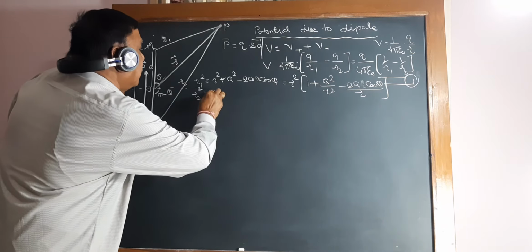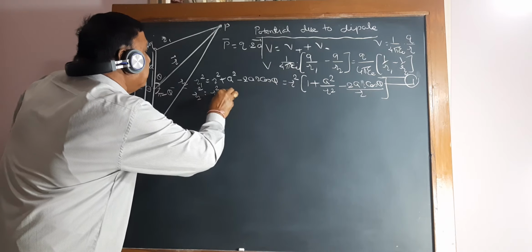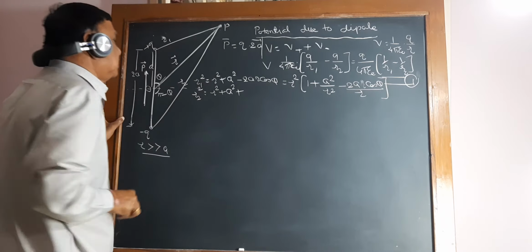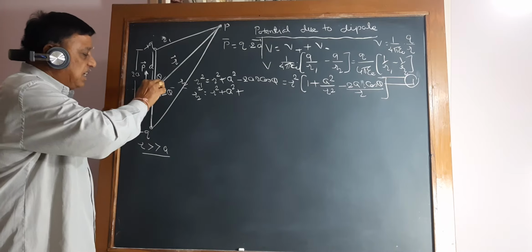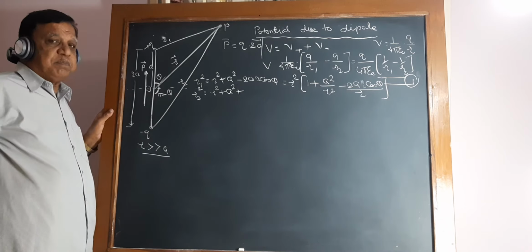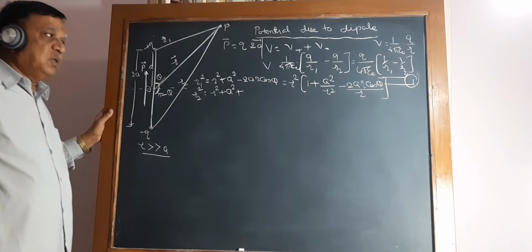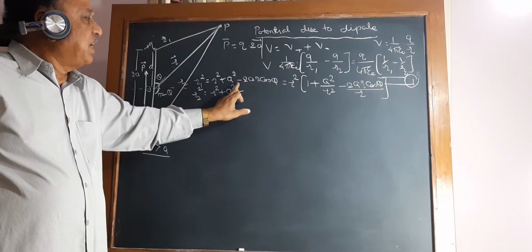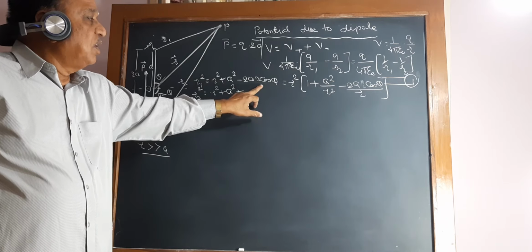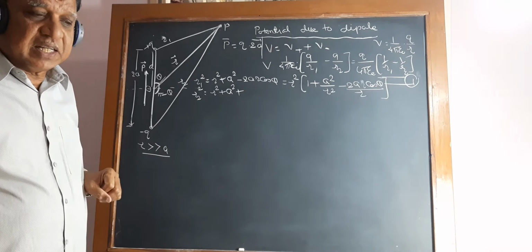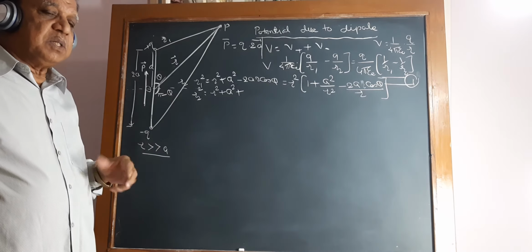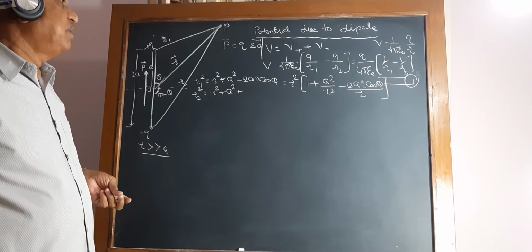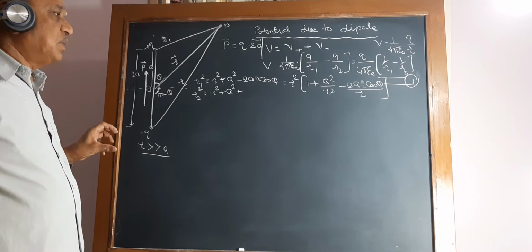Then again R square plus A square plus, this angle is pi minus theta. So again we can write minus 2AR cos pi minus theta. But cos pi minus theta is minus cos theta.